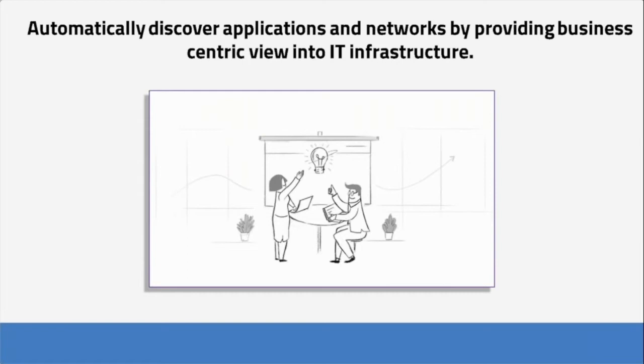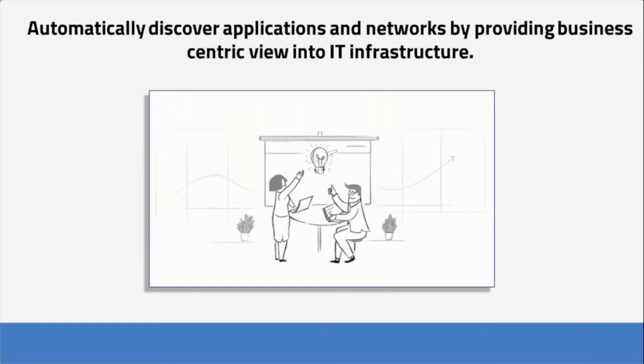To begin with, we will be seeing how applications are automatically discovered by providing a business-centric view into the infrastructure. So before we get into creating a business-centric view, the first thing would be identifying the resources and adding those resources for monitoring.